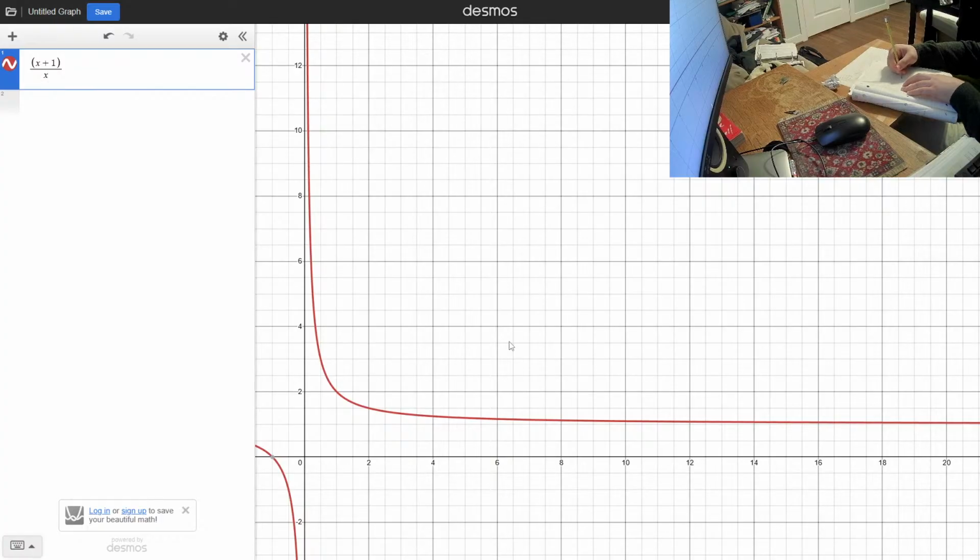Therefore, L'Hopital's rule applies in the form infinity over infinity. So we're taking the limit as n approaches infinity of the derivative of the top over the derivative of the bottom, which would be 1 over 1, which would be 1. So it converges to 1.